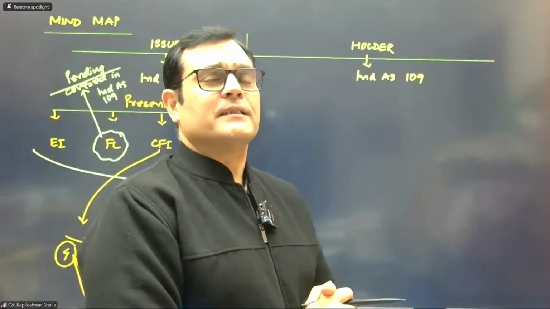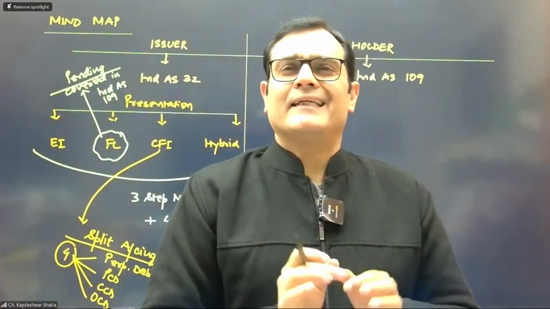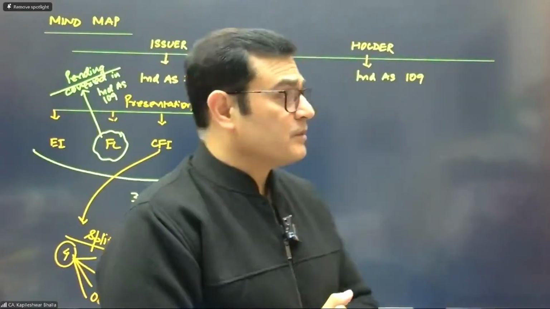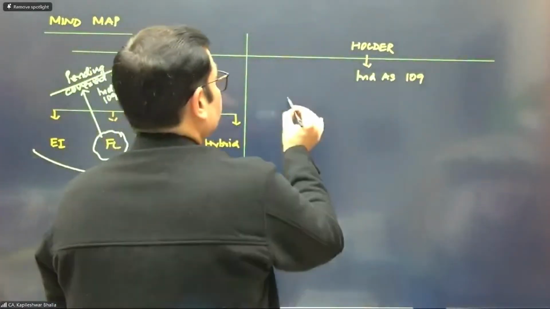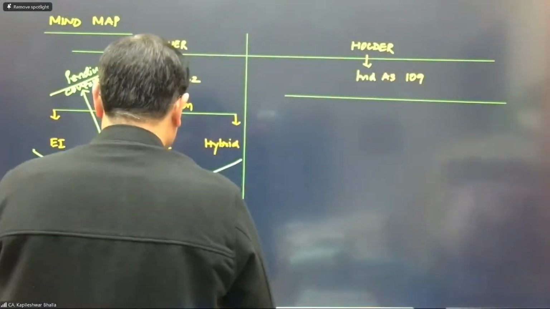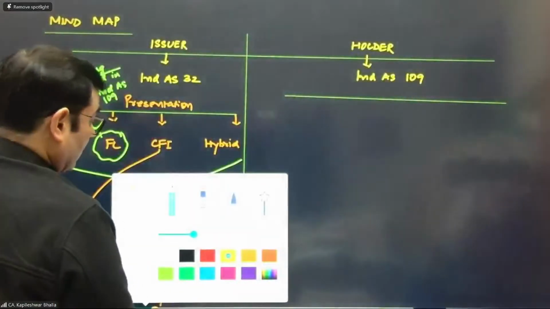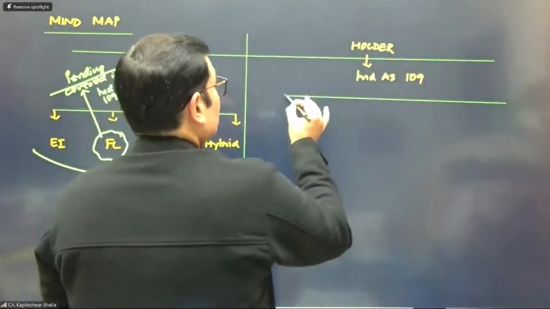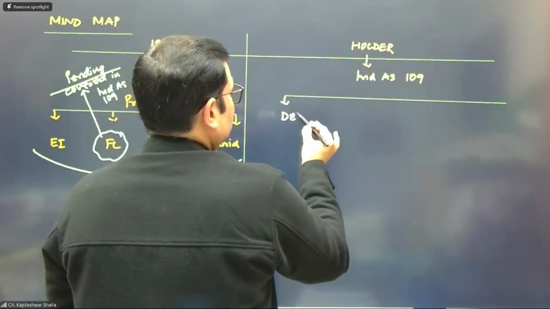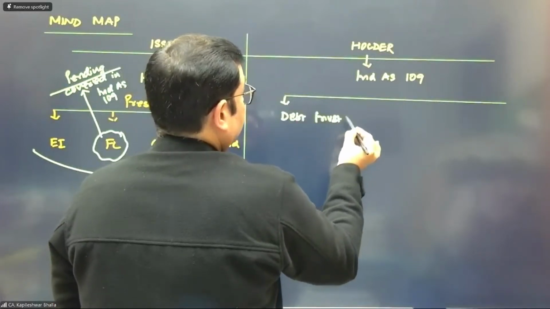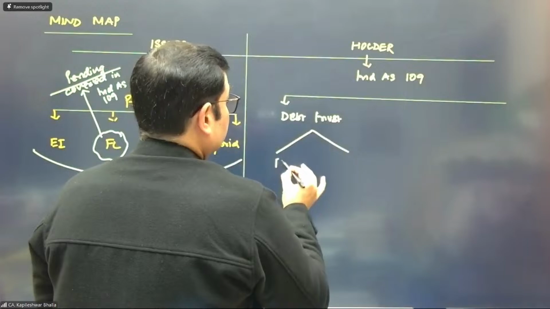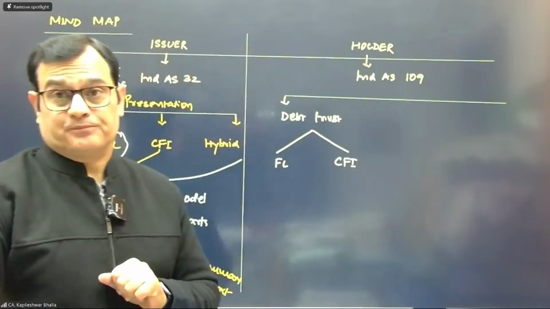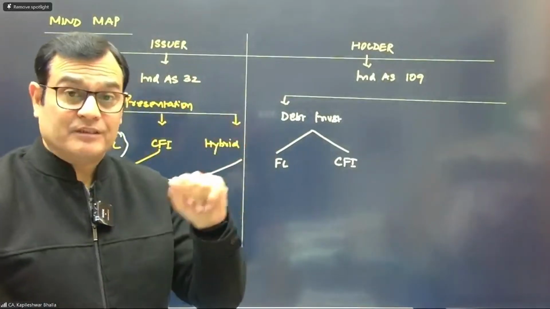Then comes the aspect of Ind AS 109. In this case, the instruments are again divided into effectively 4 categories. So when you look at Ind AS 109, we again made a 3-step model for deciding the instrument. And I said you can have debt investments, which could be either an FL or a CFI from the issuer's point of view, but for the holder, of course, it becomes a debt investment.